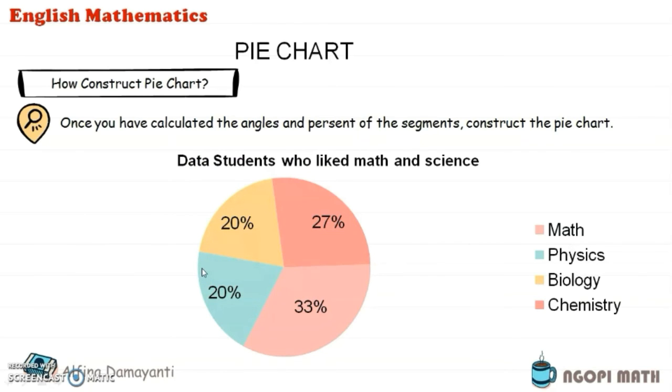For the pie chart of students who like math and science, I can easily see that physics and biology have the smallest number of students who like them. That's not to say that physics and biology are difficult subjects to study, but the data show that mathematics is preferred, followed by chemistry, then physics and biology.